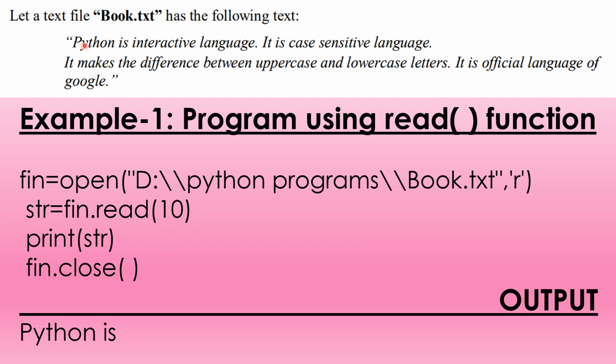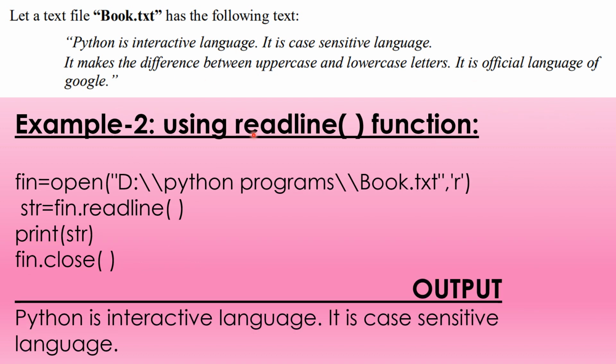You can see here P is 1, y is 2, then 3, 4, 5, 6, 7, 8, 9, 10. So str will store only the value Python is. Here we are printing the value of str and closing the file. In the output you can see only Python is printed, as we have specified the value of n to be 10.